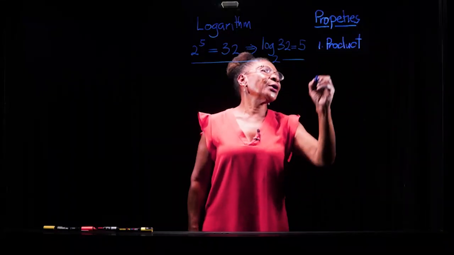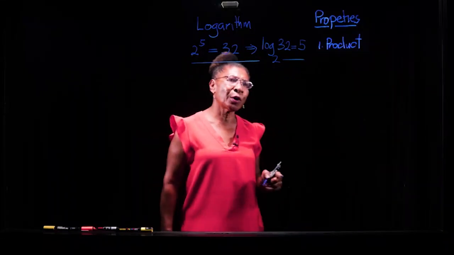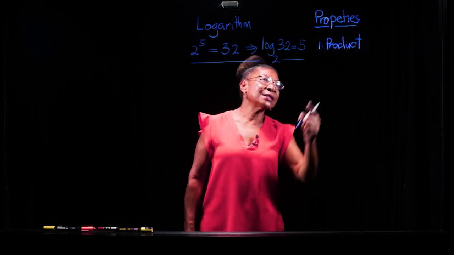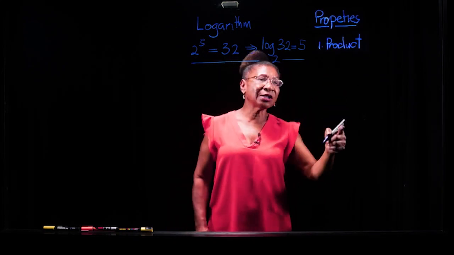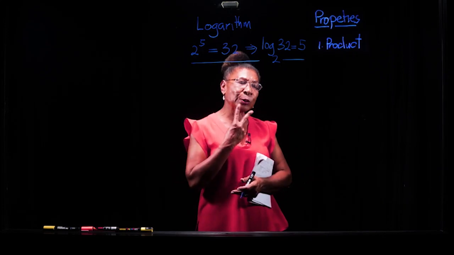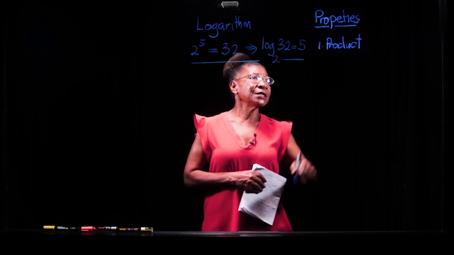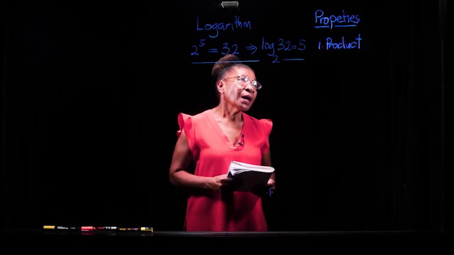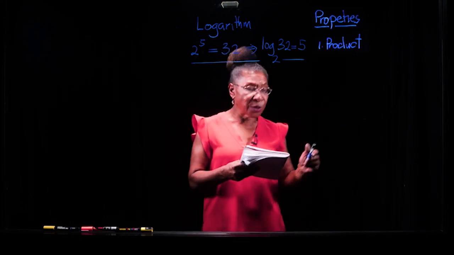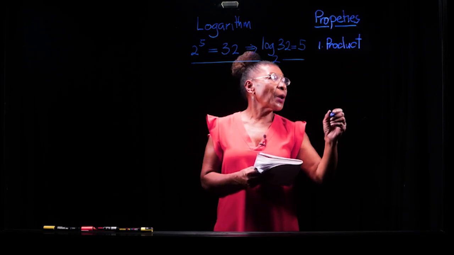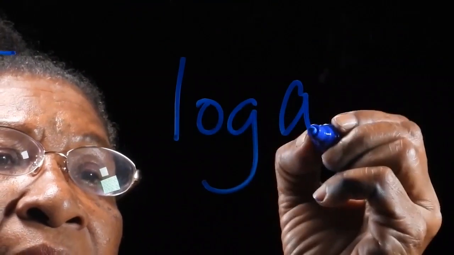You look at the word product and you wonder, where did we get the product from? What is the product? The product is actually the result when you multiply 2 factors or 2 numbers. The result is called the product. In logarithm, we use the product property as log AB.